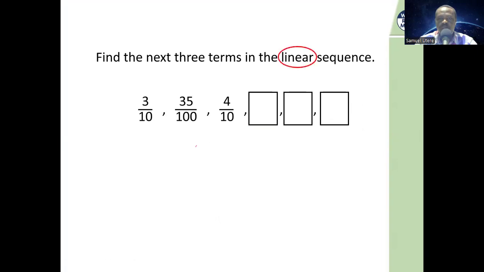Remember, we learned in earlier lessons a long while ago that a linear sequence has a constant difference. So you're either adding the same number every time or subtracting the same number every time to get the next term in the sequence. Well, observe that we cannot really find, just visually by looking at it, what the constant difference is.